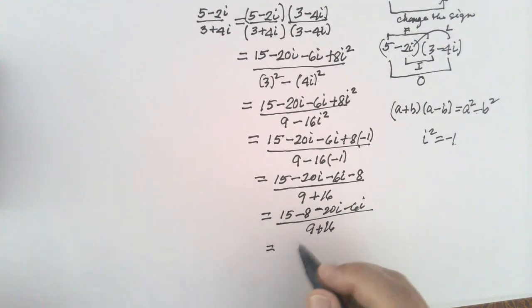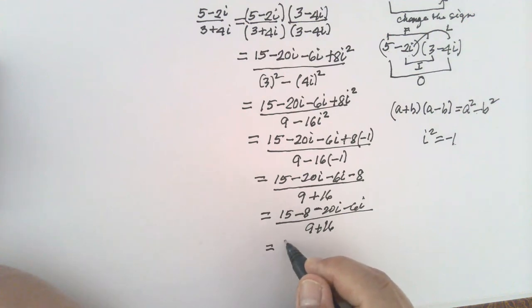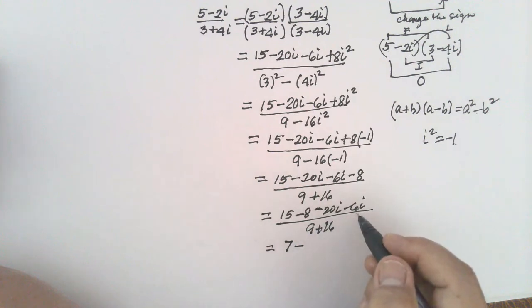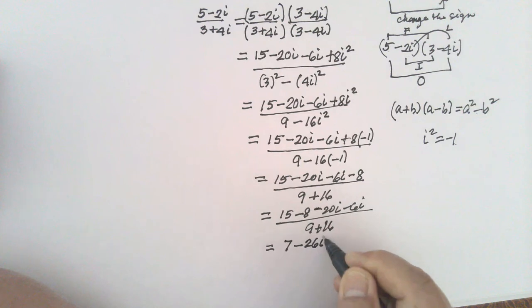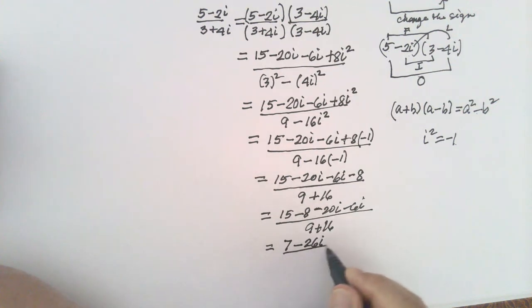15 minus 8 is 7. Negative 20i, negative 6i is negative 26i over 9 plus 16 is 25.